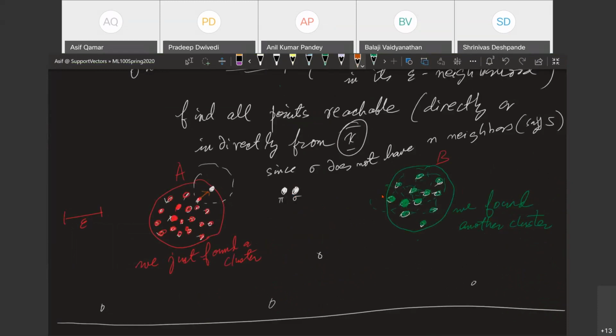These points are called boundary points. When you discover a cluster, you start from an interior point and ultimately you'll stop at the boundary points. Are we together?